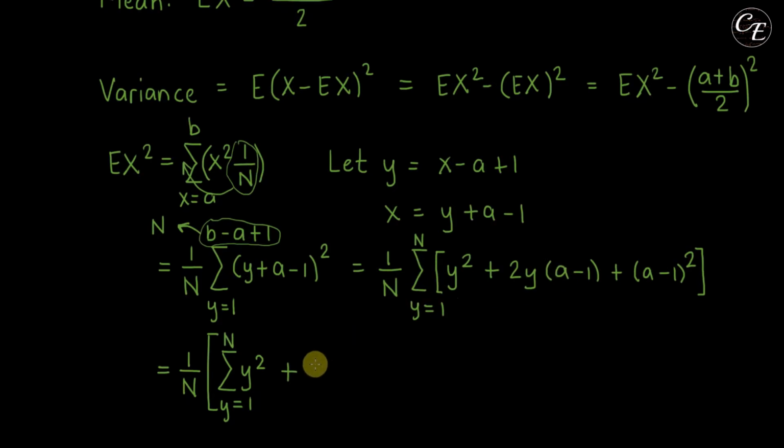So we have 2 times a minus 1, then summation of y from y equals 1 to n, and then plus summation of this. Here a minus 1 squared is a constant, and we're summing it from y equals 1 to n, or n times, so we have n times this constant a minus 1 squared.